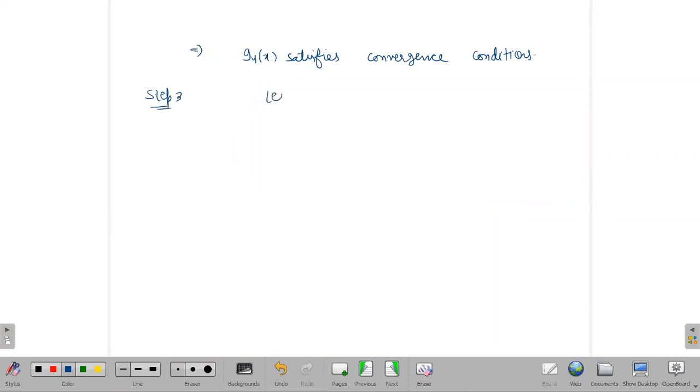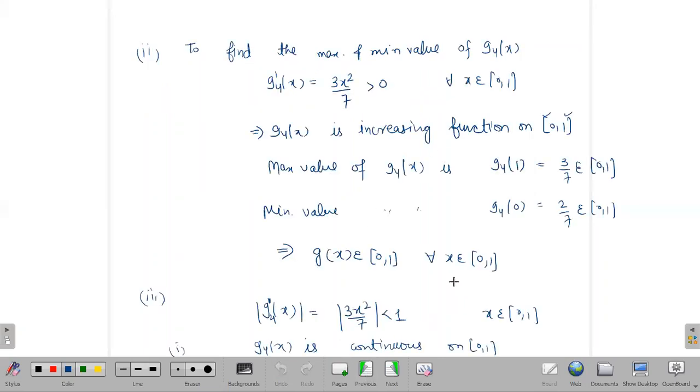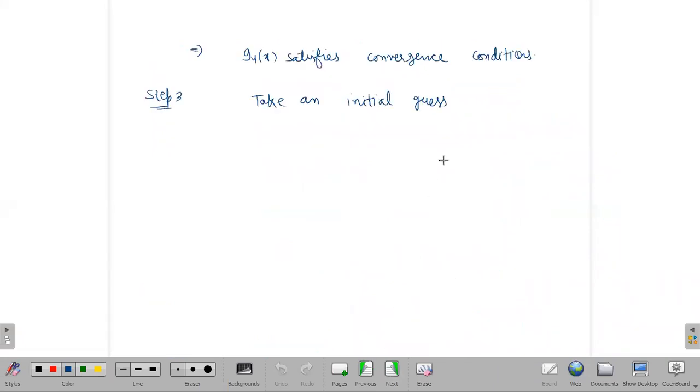So let us take an initial guess. You take any initial guess between 0 and 1. You can take 0, 0.5, 1, any random value you can choose. I'm taking p naught equal to 0.5, suppose.